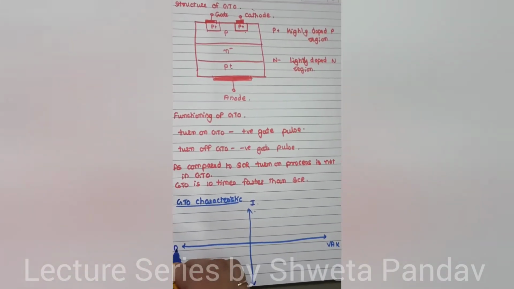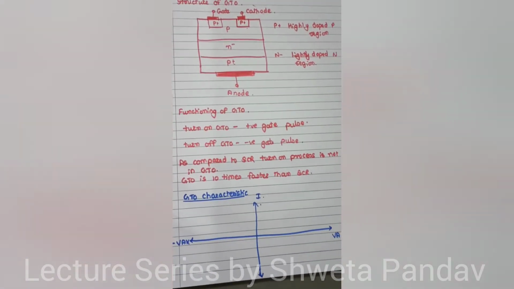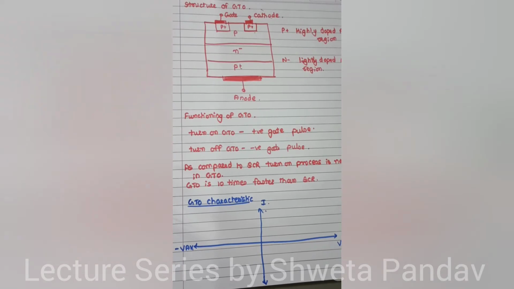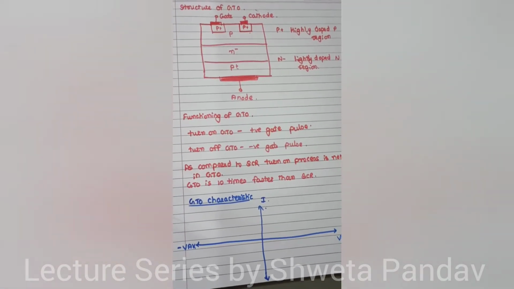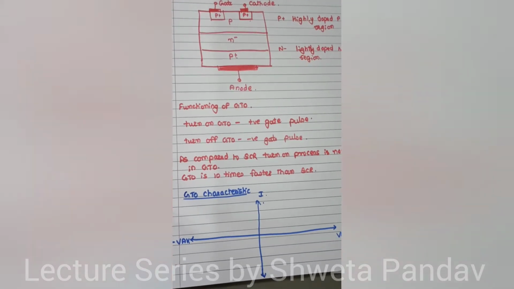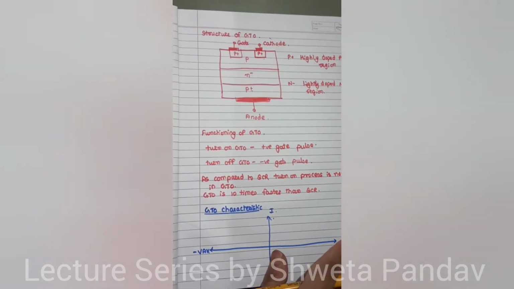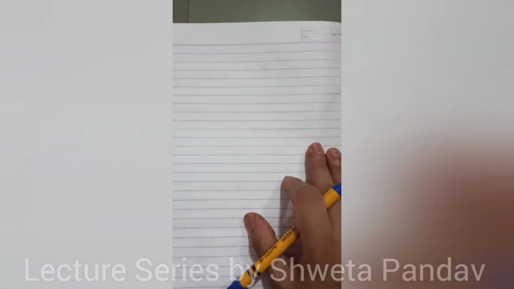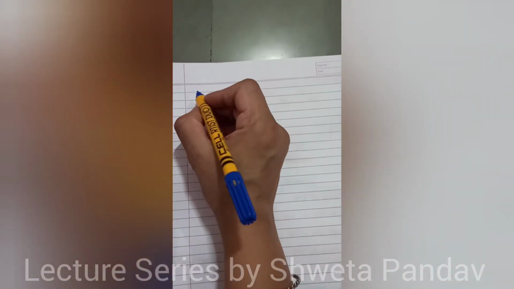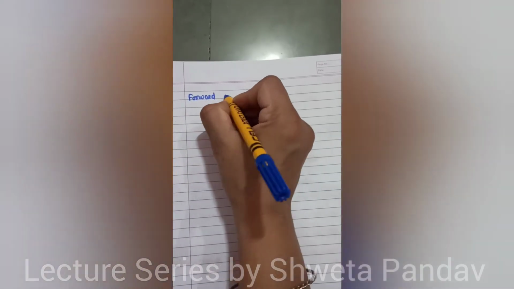If we apply negative anode to cathode voltage, or if cathode is positive with respect to anode, then it is called reverse bias characteristic. And if anode is positive with respect to cathode, it is forward bias characteristic.